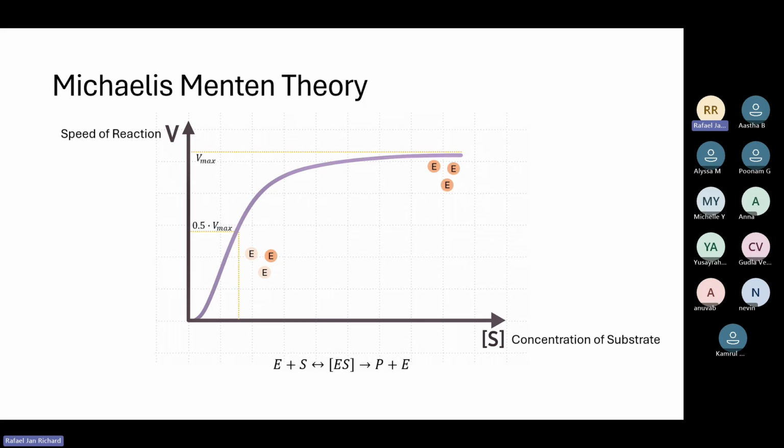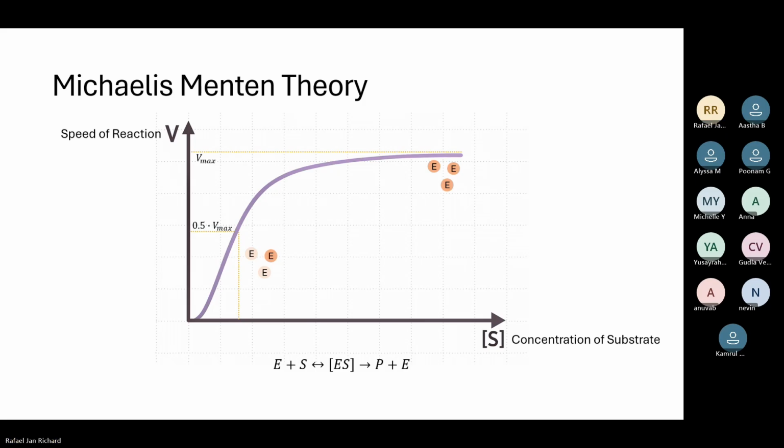This is basically determined by the active site being blocked by a substrate molecule and then released again when the products are formed: how long the reaction takes to occur, and so how long the active site is blocked by a substrate molecule. This is what defines how fast an enzyme-catalyzed reaction can be.